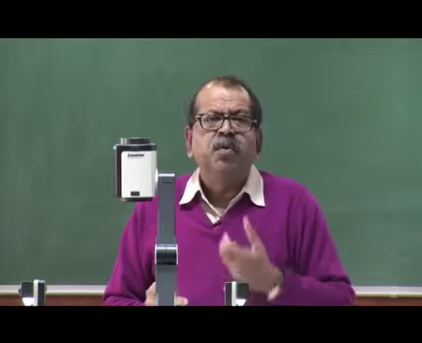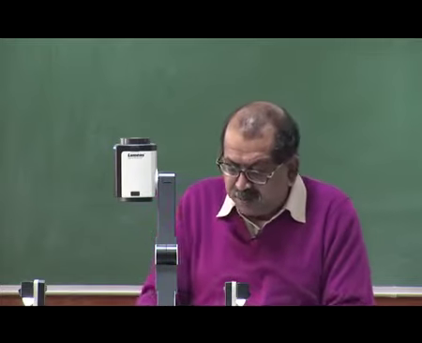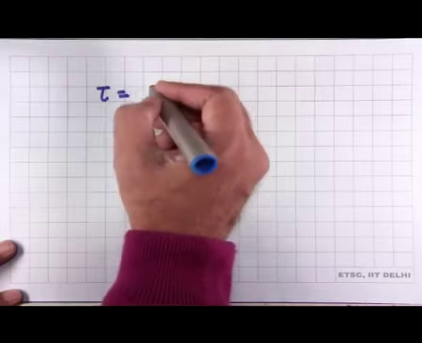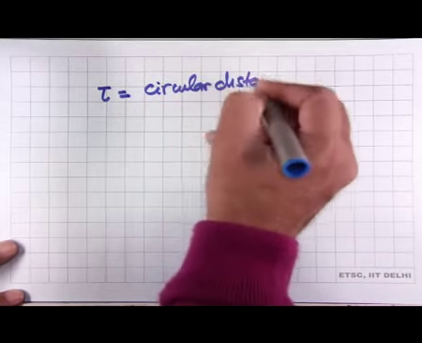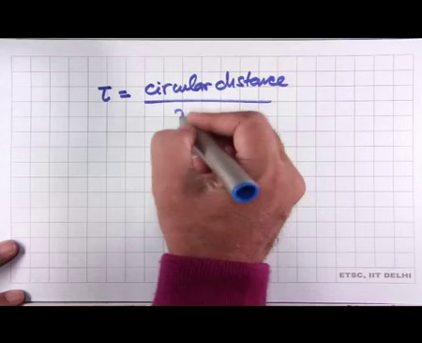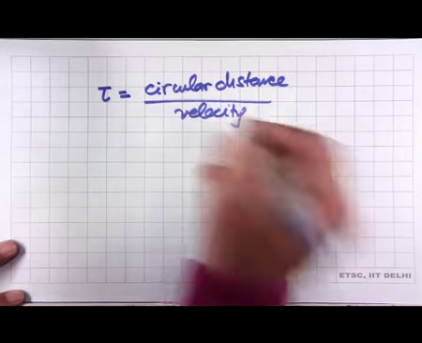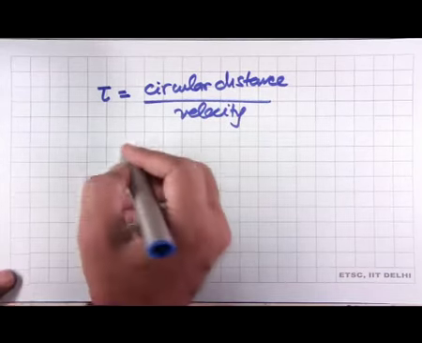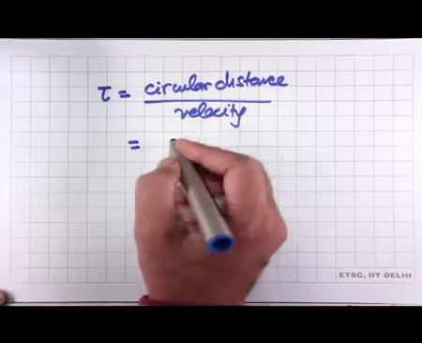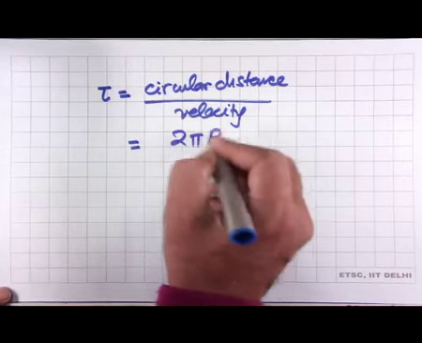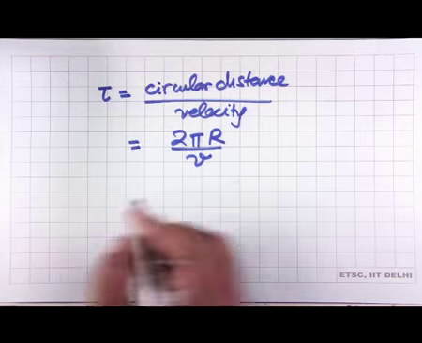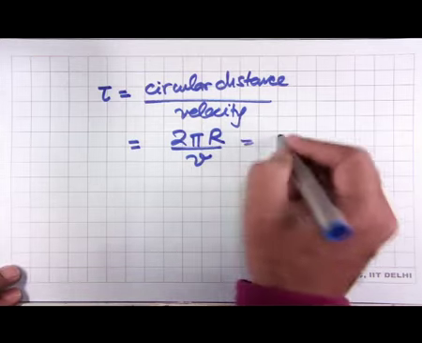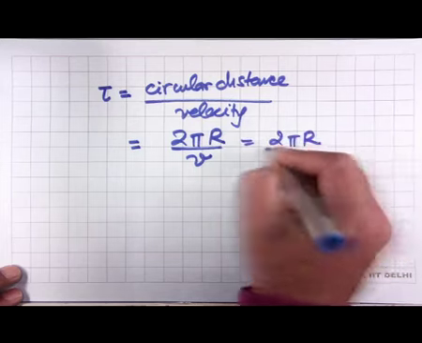We would like to work out the time period of the pendulum. The time period will be equal to the circular distance moved by the pendulum divided by the magnitude of the velocity, or the speed. So this will be equal to 2 pi r divided by v.